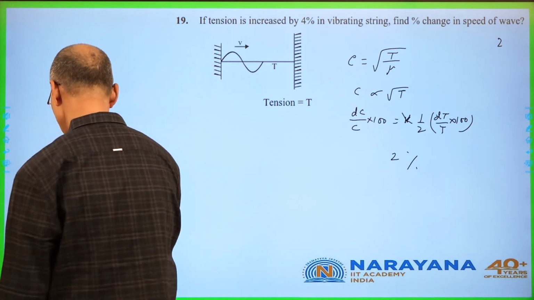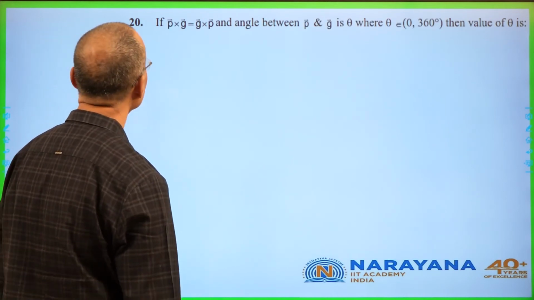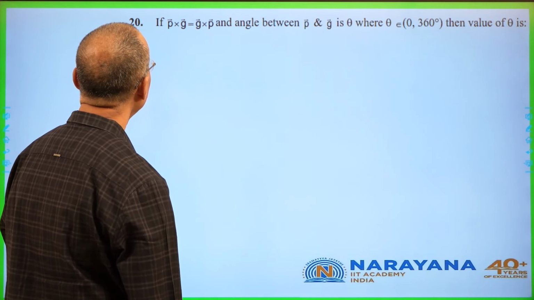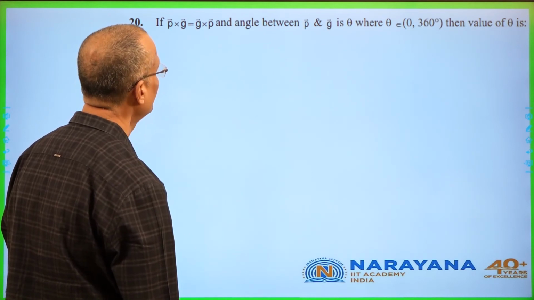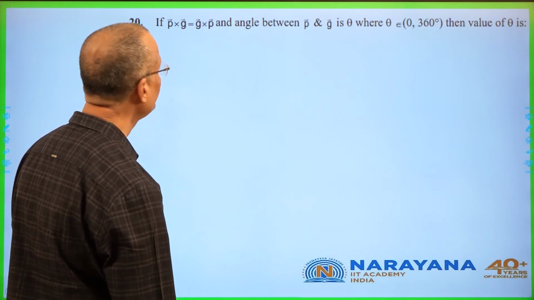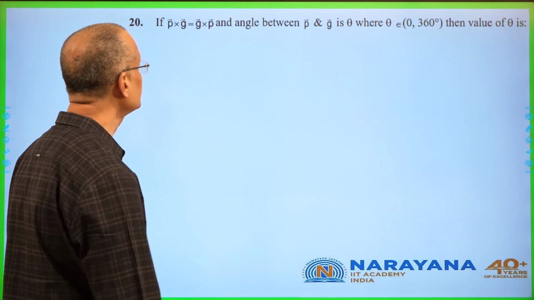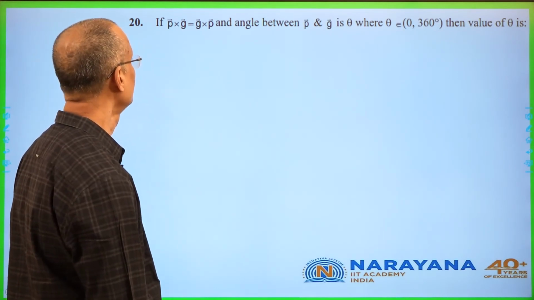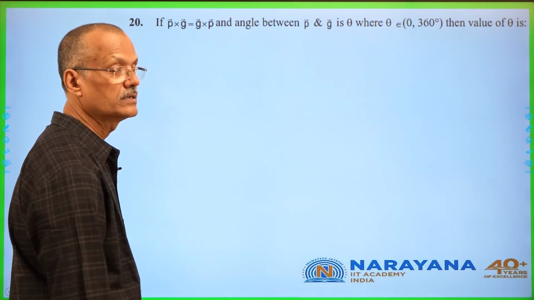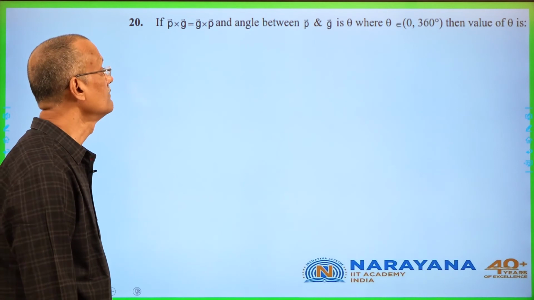Let us move now to next question, question number 20. P cross Q equal to Q cross P, these two will be equal only when either P will be 0 or Q will be 0, or you know that cross product of two vectors is anti-commutative.